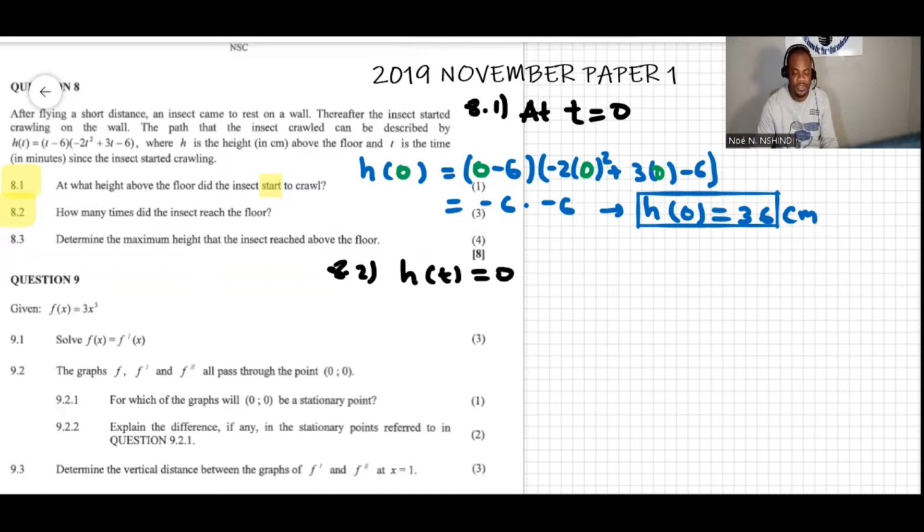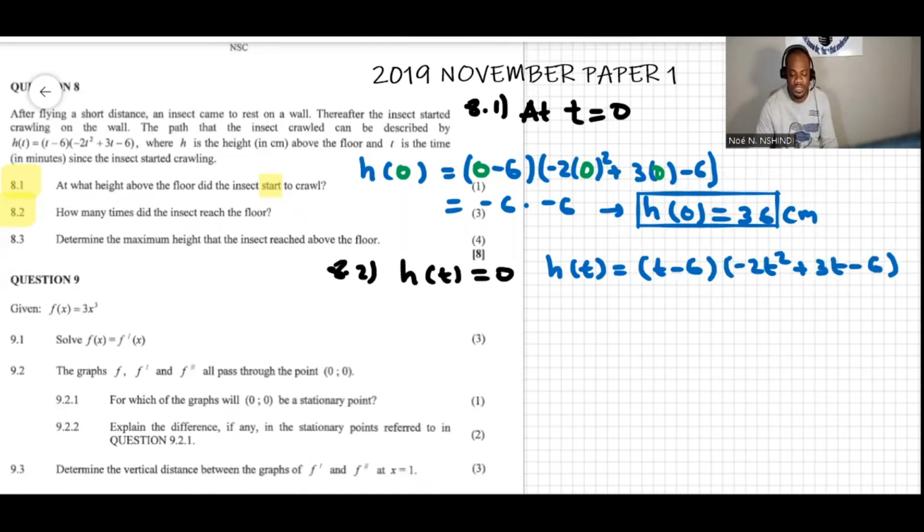So h of t is given by t minus 6 times negative 2t squared plus 3t minus 6.